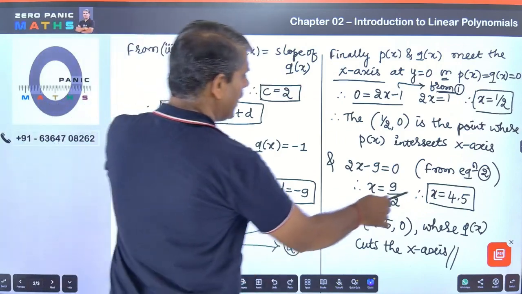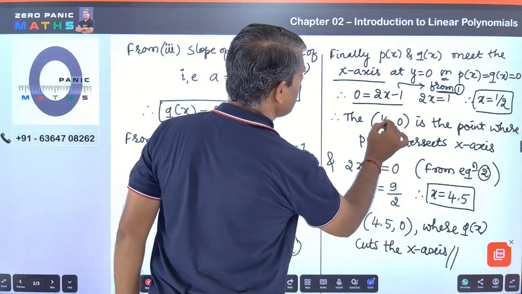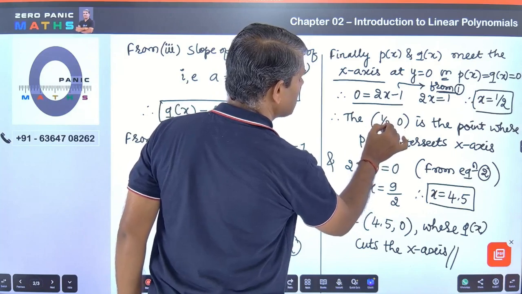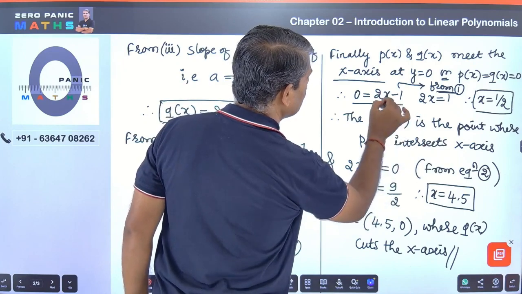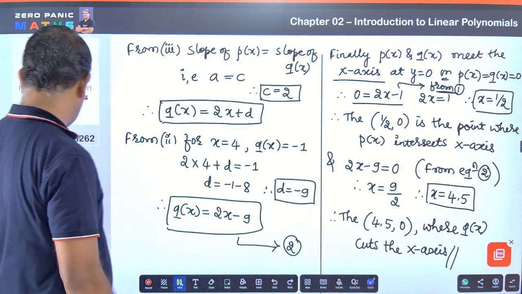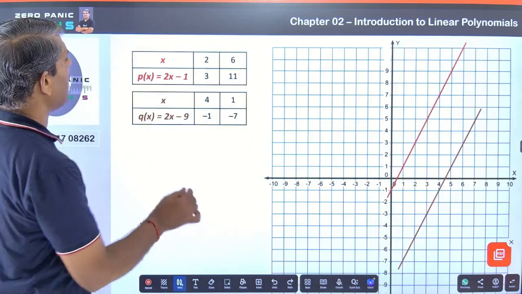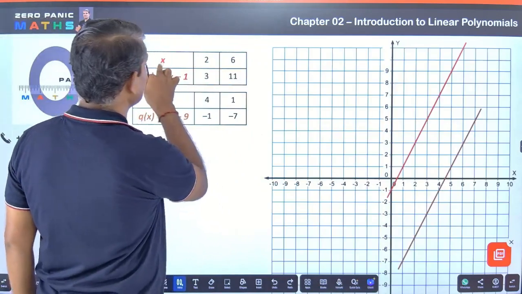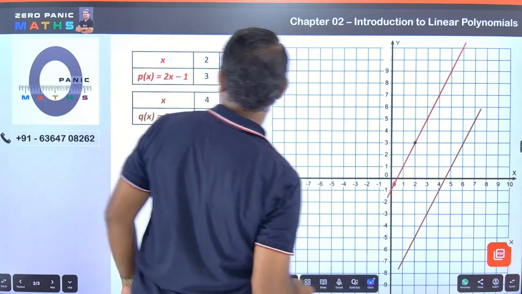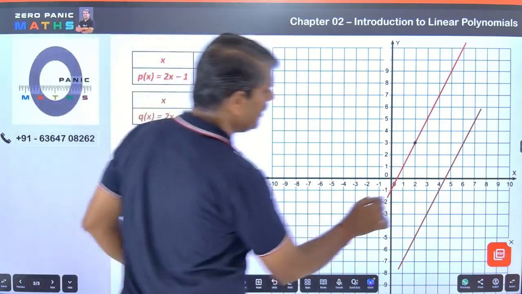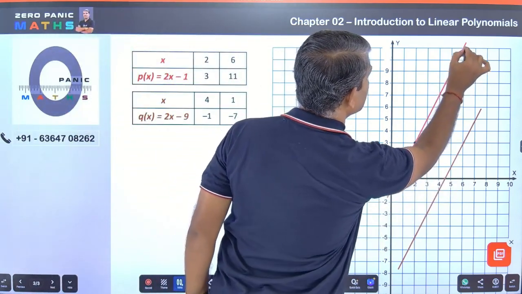Now let us check whether (0.5, 0), that is (half, 0), is one coordinate point where 2x minus 1 cuts the x-axis. You see, I've taken some random points, (2, 3) for the first line. (2, 3) is this first coordinate point, and then (6, 11) is this coordinate point.